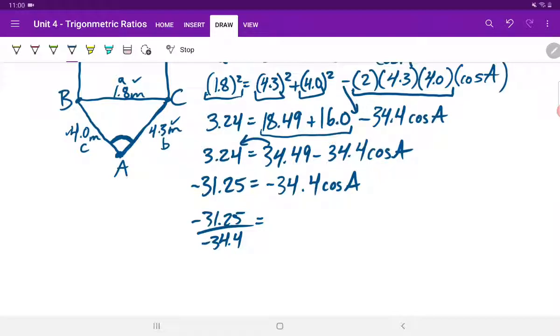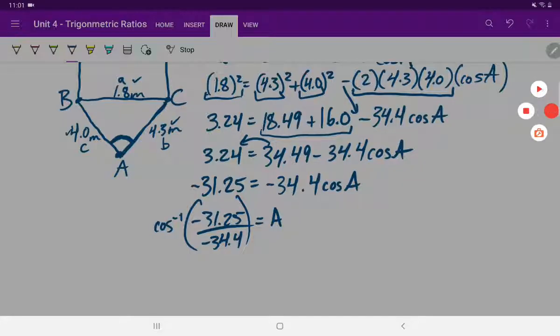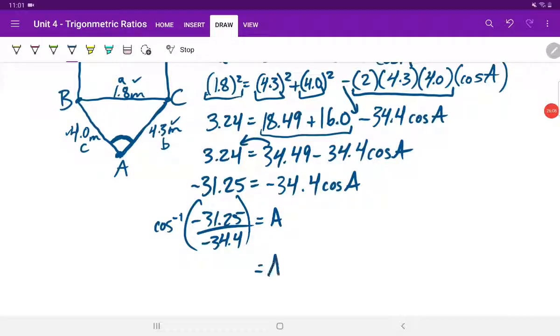And I'm going to save a step. I'm going to take the cos inverse and just write it on the left, is equal to angle A. So now you press second function cos, open a bracket, negative 31.25 divided by negative 34.4. Okay, your answer.